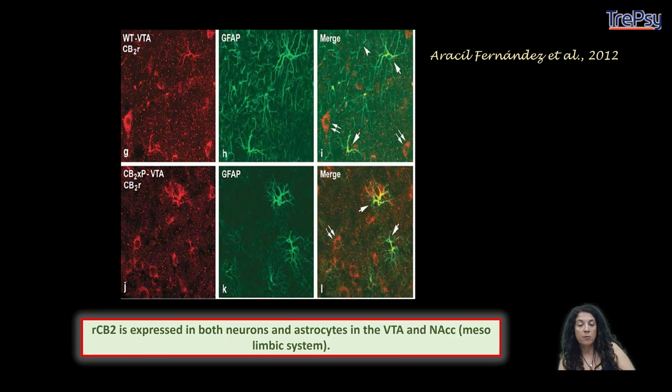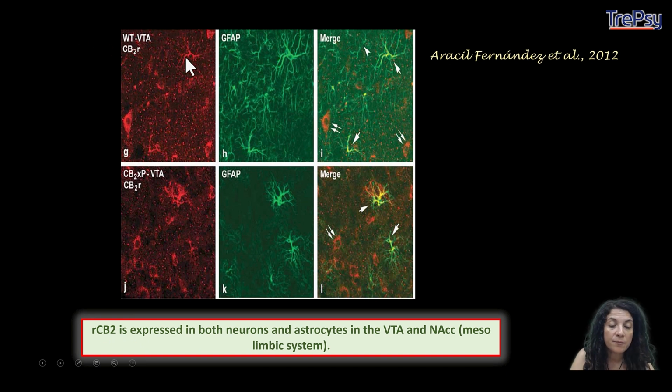Here in the same work we can see the CB2 receptor in red, but in green GFAP, glial fibrillary acidic protein.